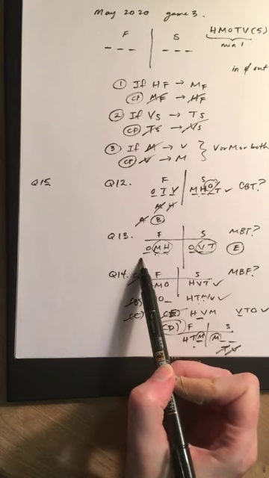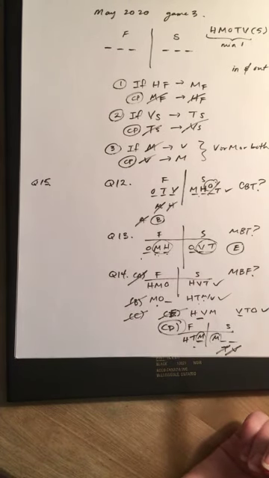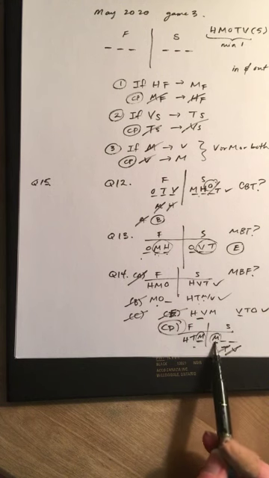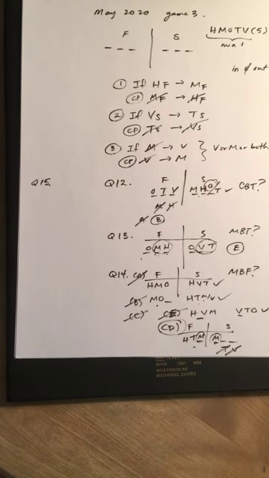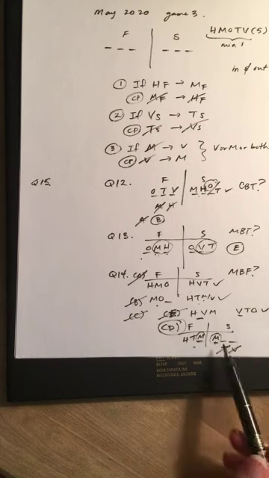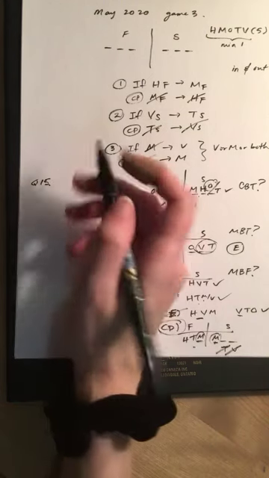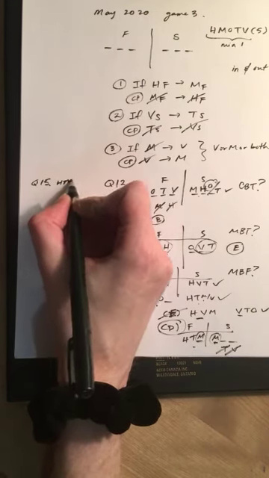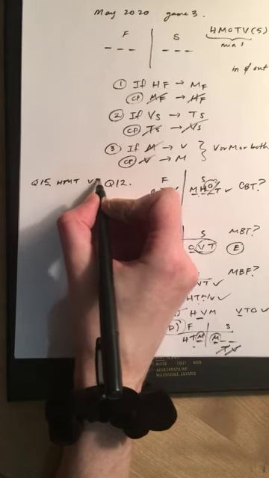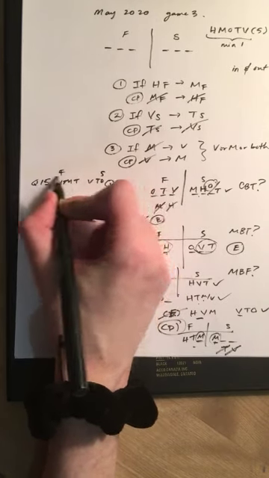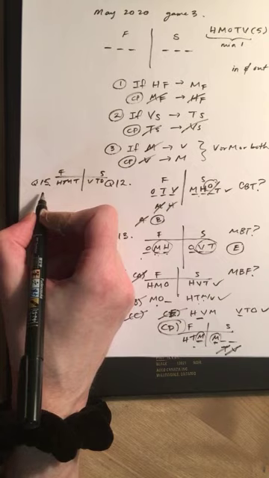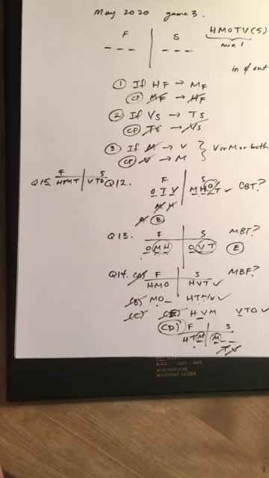We could put HMT in the fall, as long as we don't have another M in the spring, then we would be fine. We could have VTO. So HMT, VTO, that's possible. Okay, so A is possible.